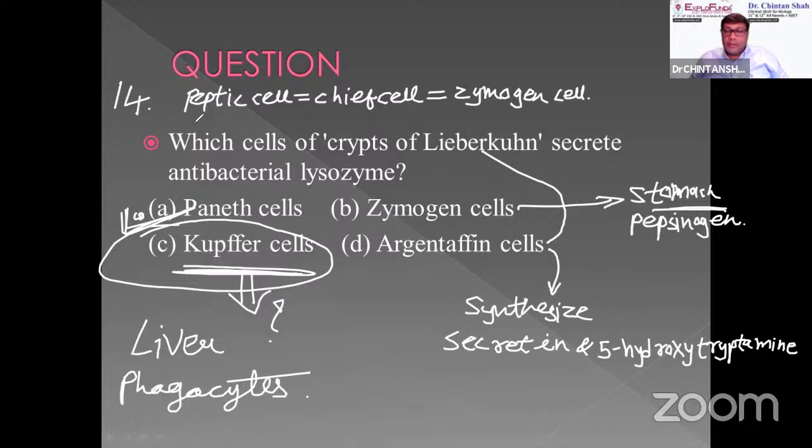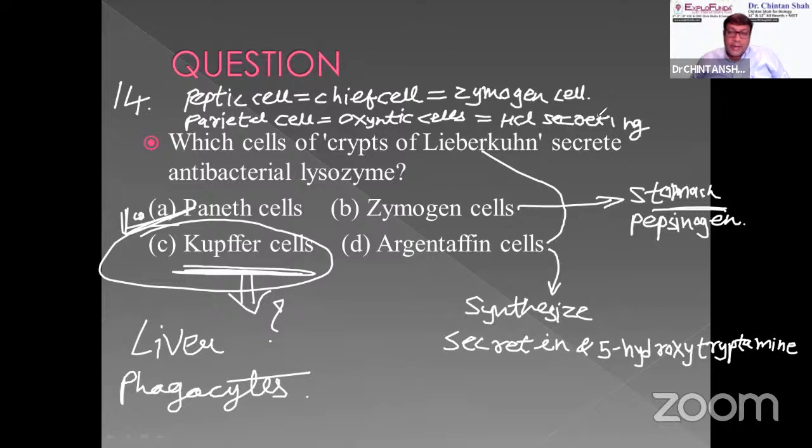The cells that secrete HCl are known as what? That is known as parietal or oxyntic cells. So parietal cell is equal to oxyntic cell, an HCl secreting cell. Very good.